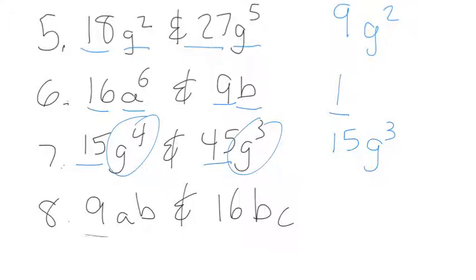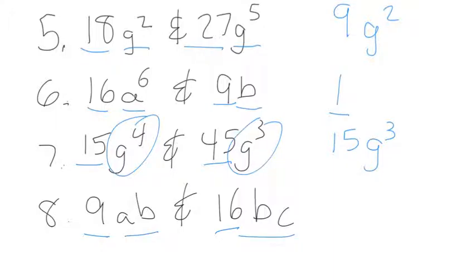Number 8, is there a common factor between 9 and 16? No. There's no common factor between just the numbers 9 and 16, as we already established in number 6. What about the a b and the b c?